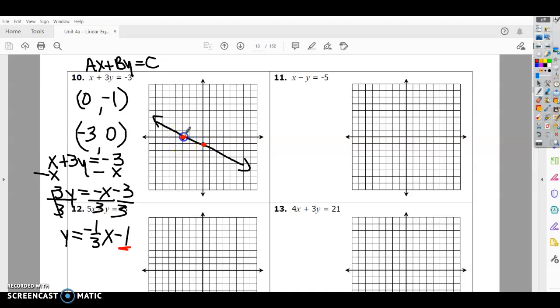So I'm going to go from here down 1 over 3. And you can see that it graphs the same exact line. So it's just two different ways to graph a line when it's in standard form. You can graph it using your intercepts, or you can put it in slope-intercept form and graph. Whichever you feel is easier is what you should do.